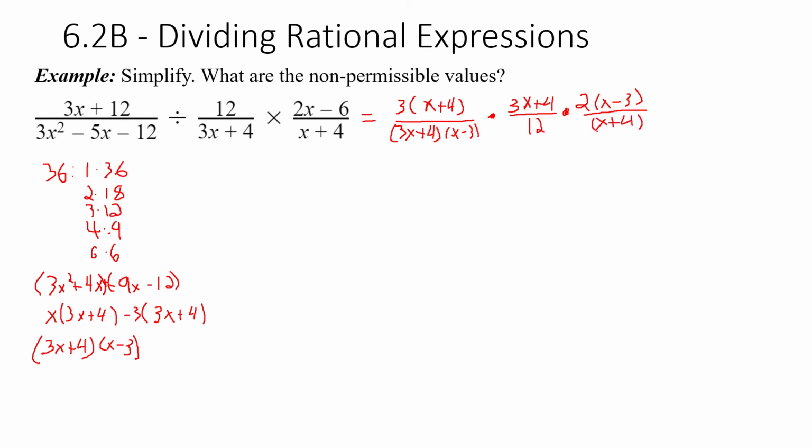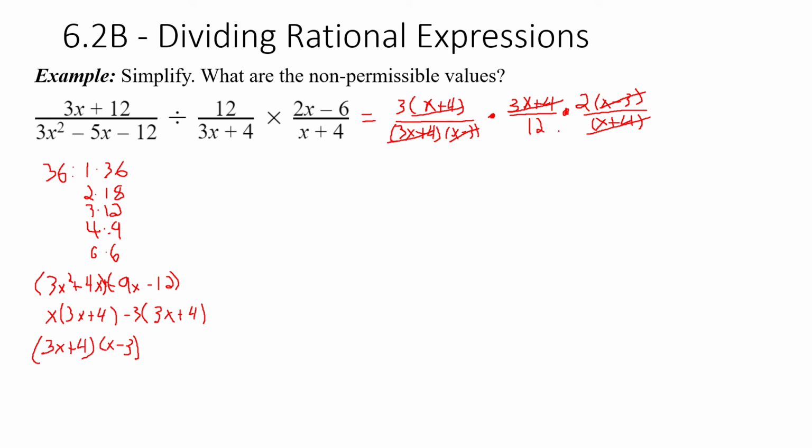Alright, so we are going to combine together all of these terms. You don't necessarily need to put them all together to do that. We can do it right from this form. So look for anything in the numerator and anything in the denominator that's shared. x plus 4 and x plus 4. There's a 3x plus 4 and a 3x plus 4. There's an x minus 3 and an x minus 3. And then 3 times 2 is 6.